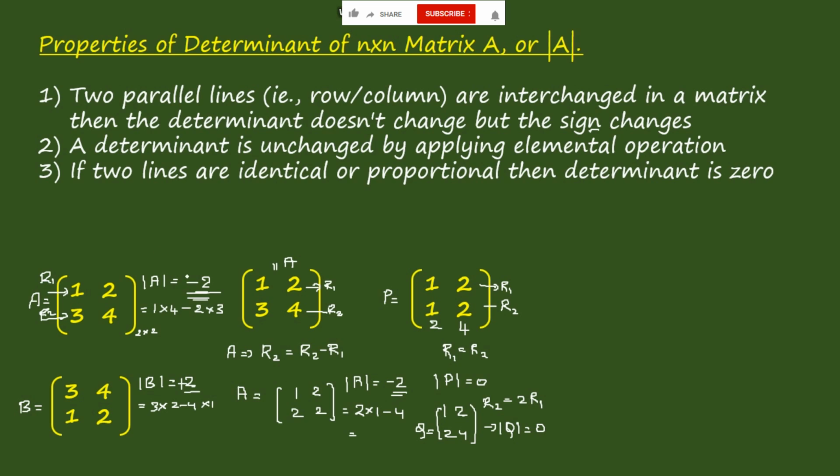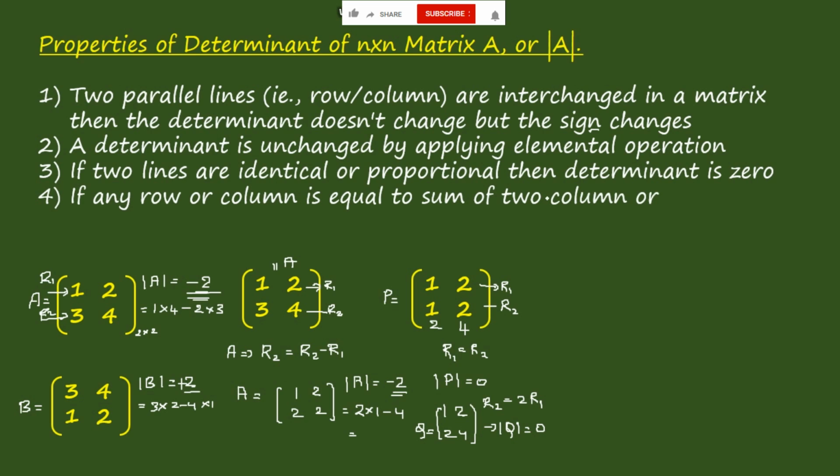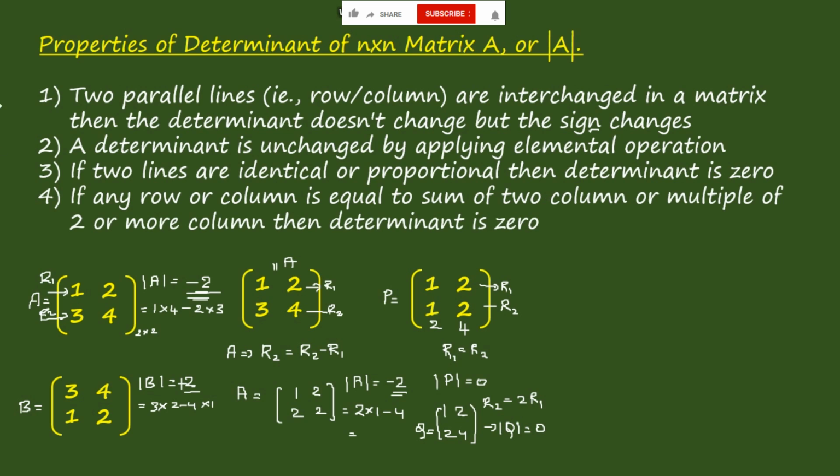Now the fourth point. If any row or column is equal to the sum of two rows or columns, or multiples of two or more rows or columns, then the determinant is 0. One more example for it.